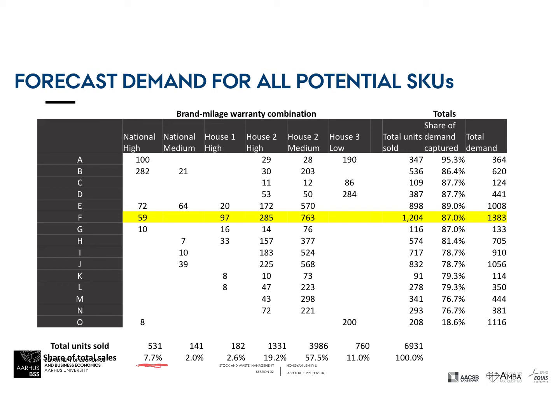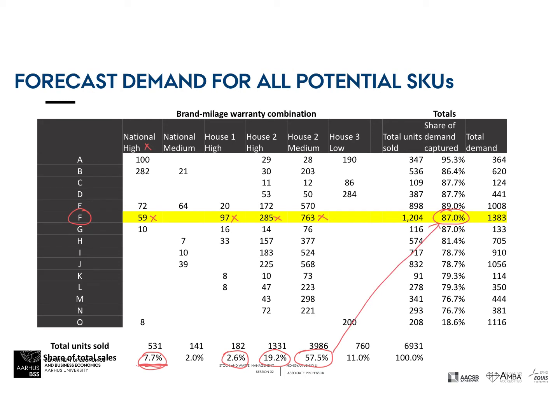For example, for the size F items, this store carried 4 SKUs: national high, house high, house 2 high, and house 2 medium. If we sum up these 4 numbers for the carried SKUs, we get a total of 87% of the sales.